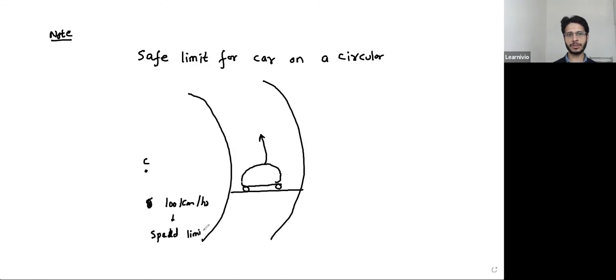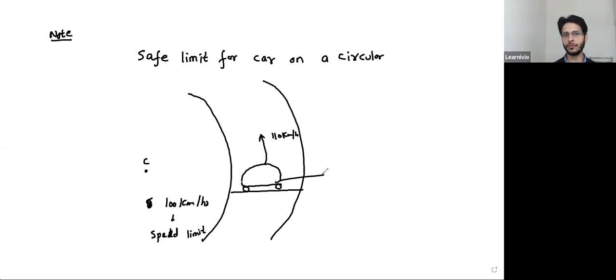So speed limit means the maximum speed with which this car can move on the circular turn is 100 km per hour. If the car exceeds this limit, let's say if the car starts moving with a speed of 110 km per hour, then it will skid.